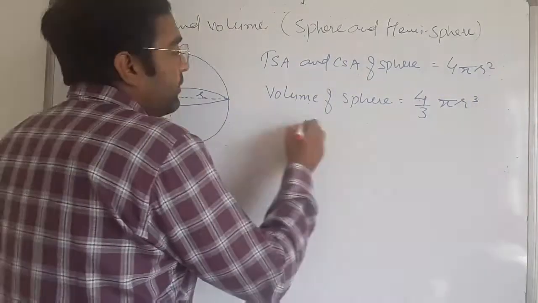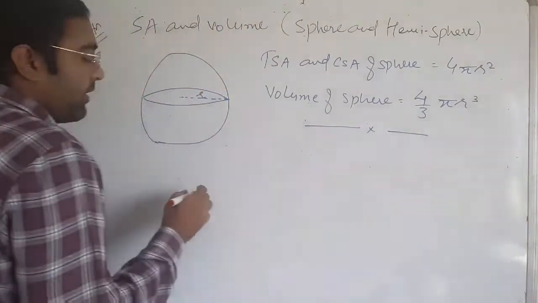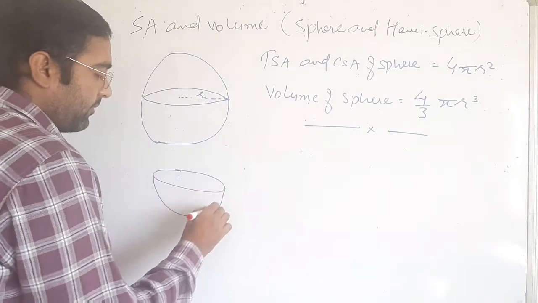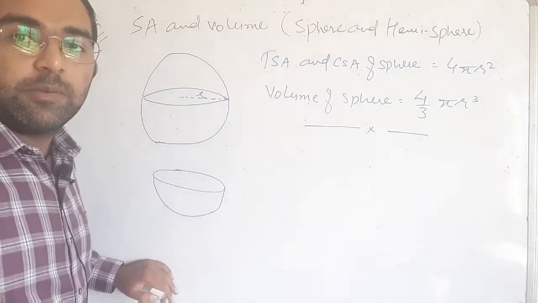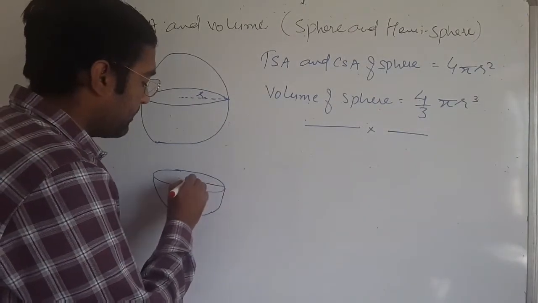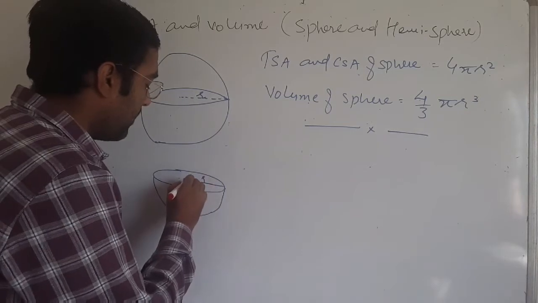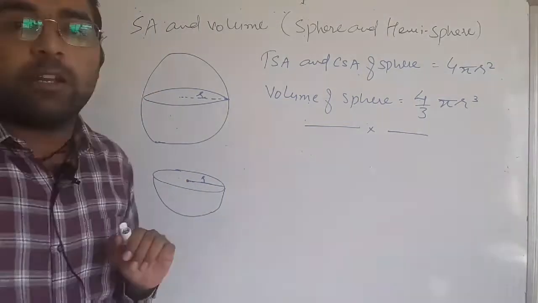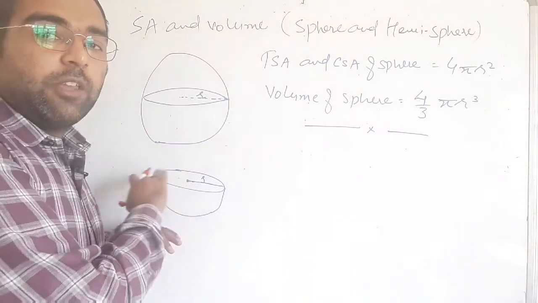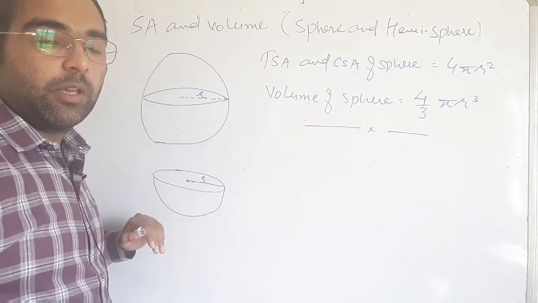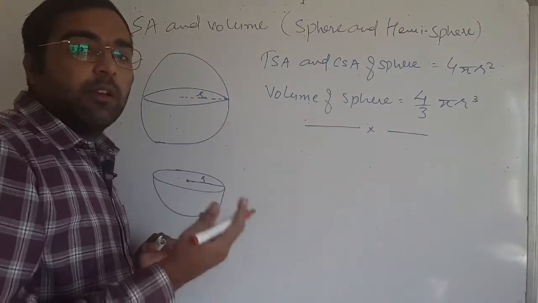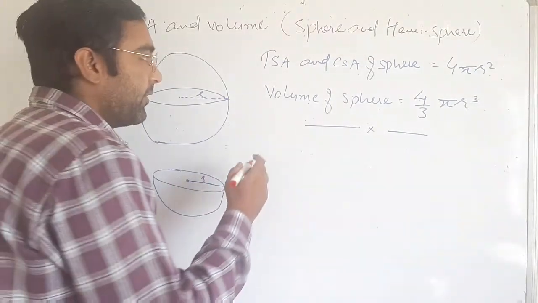Now let's see the hemisphere. My hemisphere looks like a bowl, and in this bowl this is my radius. There are two types of bowl: one closed from the top and one open from the top. So the total surface area and curved surface area are different.